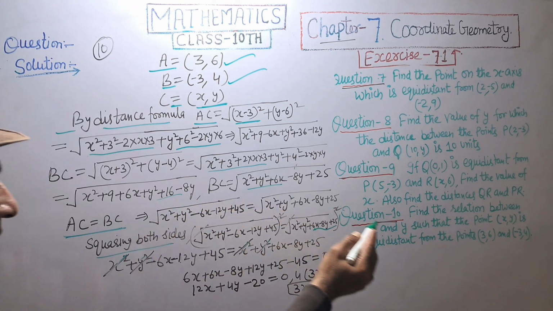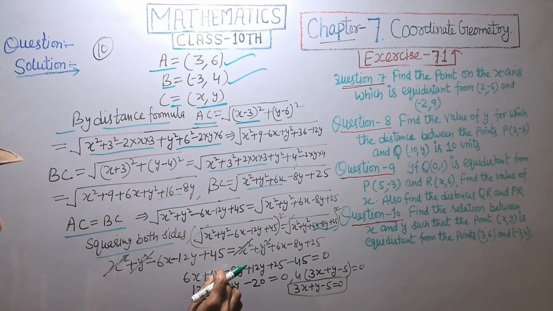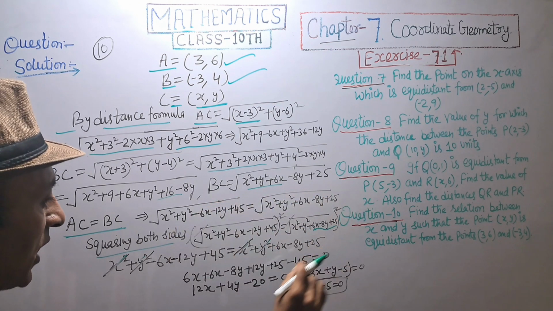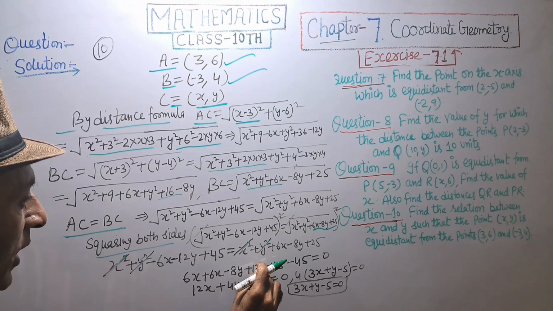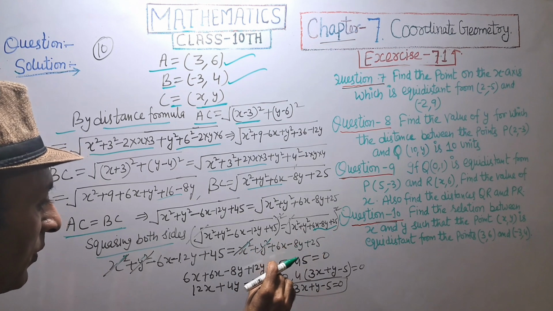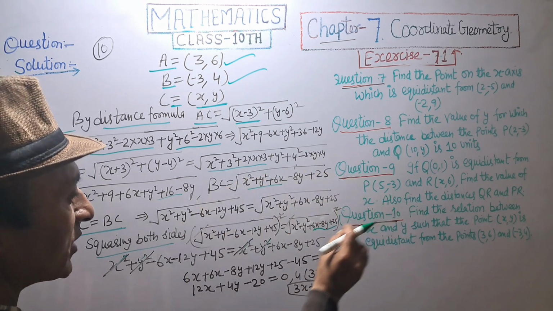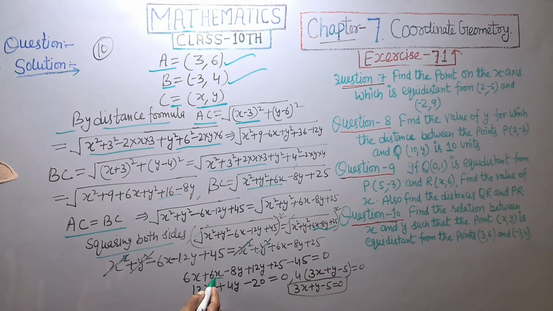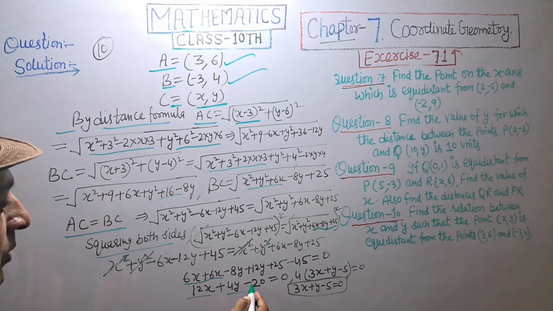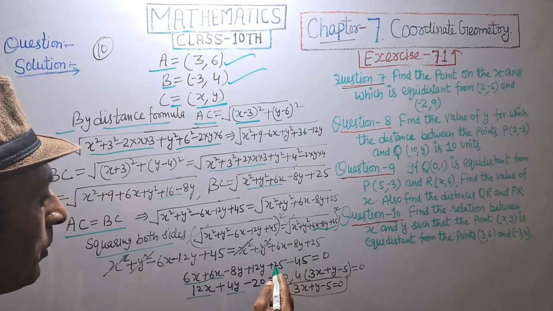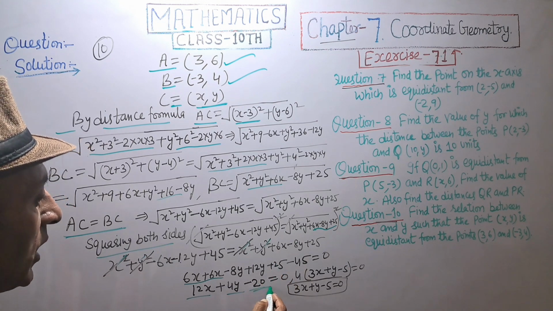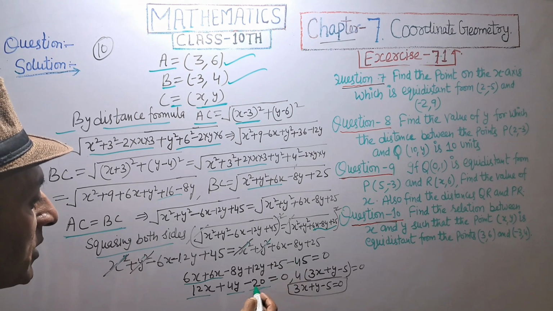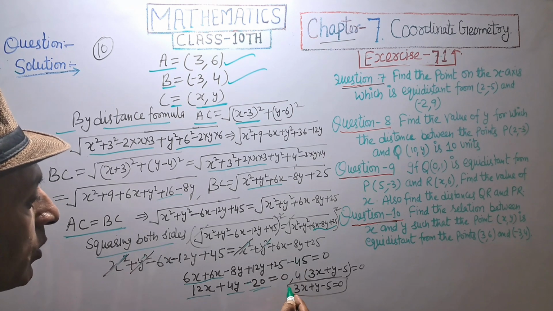Minus 6x shifting right side is positive 6x, minus 12y shifting right side is positive 12y, 25 stays as it is, but 45 shifting right side is minus 45, equal to 0. 6x plus 6x is 12x, and 12y minus 8y is positive 4y. 45 minus 25 is 20, but with the negative sign, minus 20 is equal to 0.